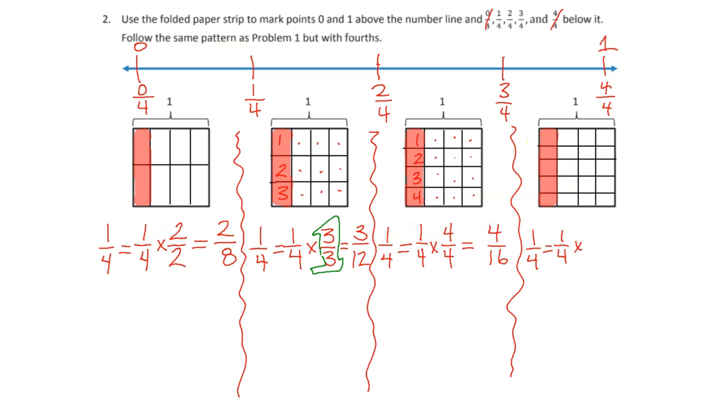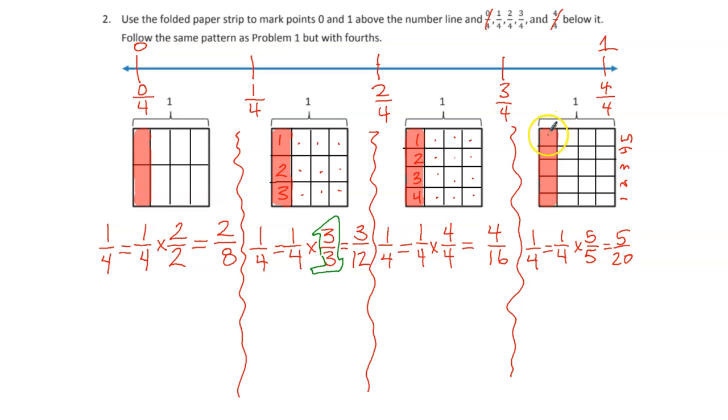So I'm going to call that 5/5 when I made my 1, 2, 3, 4, 5 horizontal rows here. So now I have 1/4 is equal to 5/20.